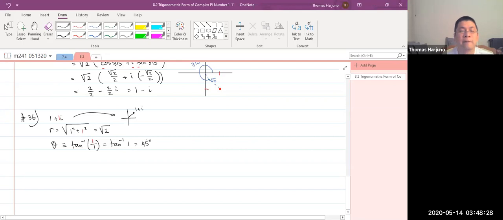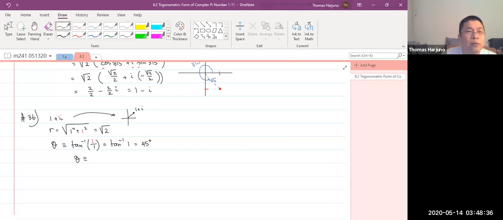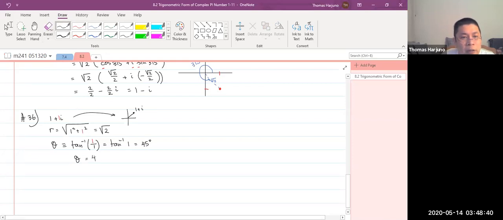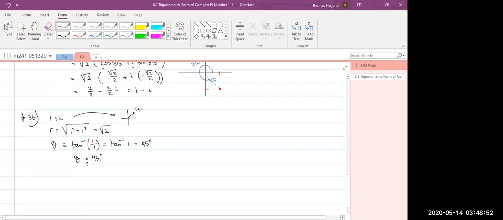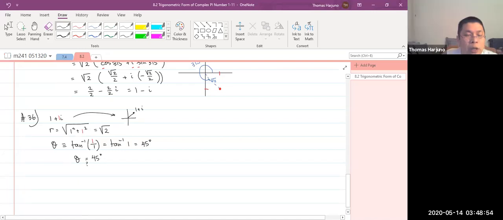right? Now the question is, is theta exactly equal to 45 degrees or simply equivalent to 45 degrees? Then we ask ourselves, 45 degrees is in quadrant 1. Is it the same as where we expect that complex number to be? That's in quadrant 1 also, right? Yes.